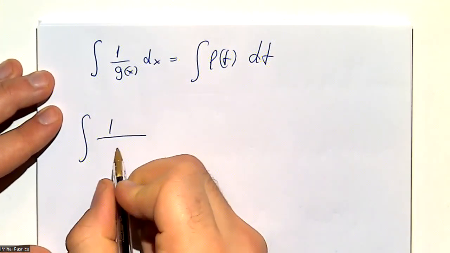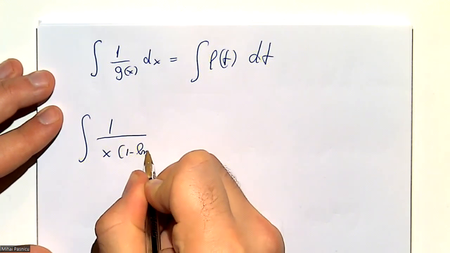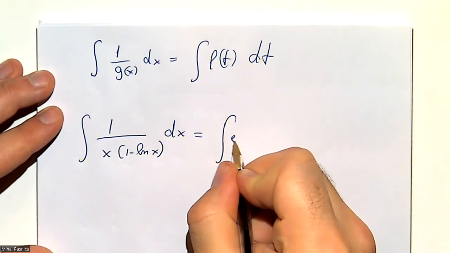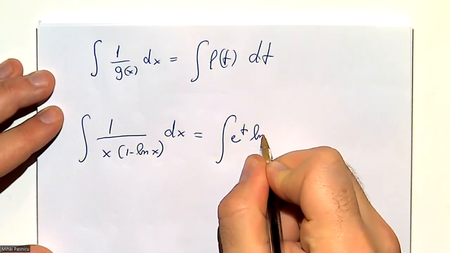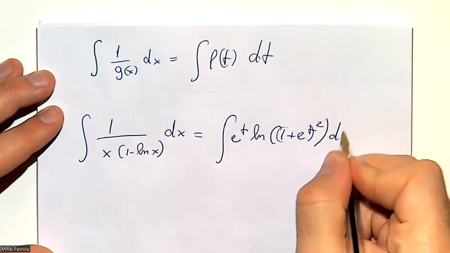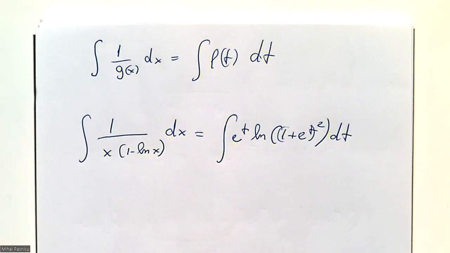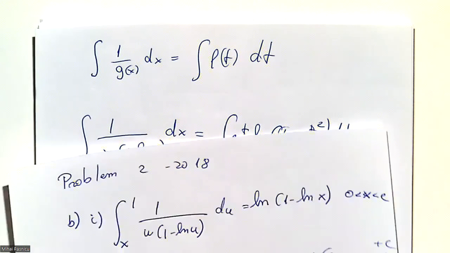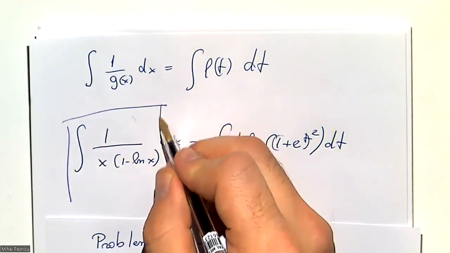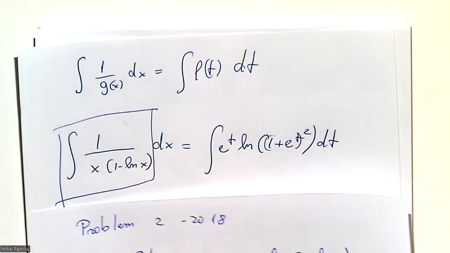The integral of 1 over x(1 minus ln of x) dx is equal to the integral of e^t ln of (1 plus e^t), everything squared, dt. I literally just plug in my g of x and f of t. And now, before you panic, look at part B. Why do we have part B? Well, I have this one to compute first.